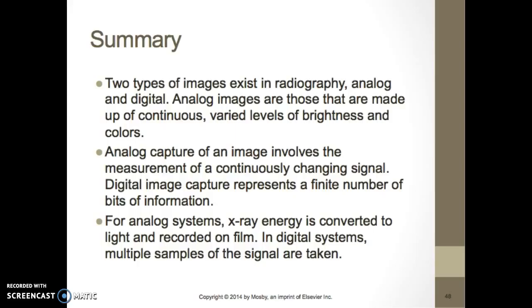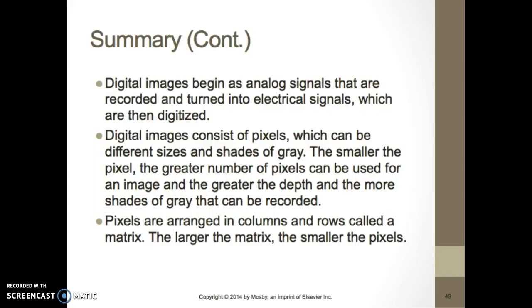Digital imaging capture represents a finite number of bits of information. For analog systems, X-ray energy is converted to light and recorded on film. In a digital imaging system, multiple samples of the signal are taken. Digital images begin as analog signals, which are recorded and turned into electrical signals, which are then digitized.